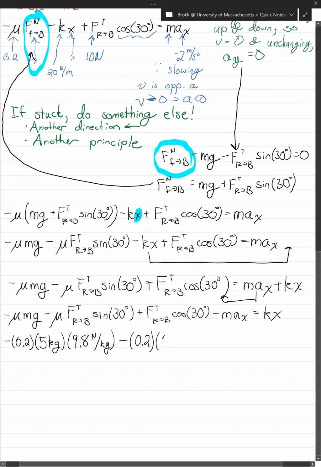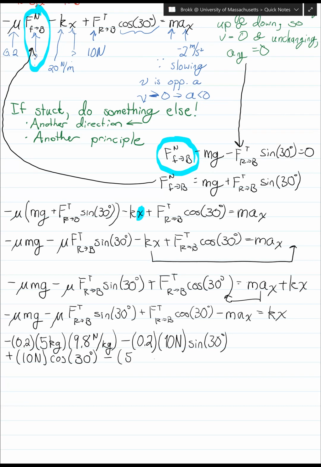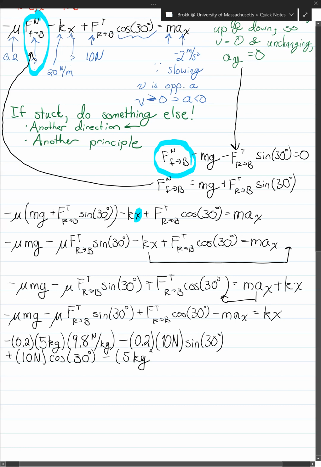The tension in the rope was given at 10 newtons. Sine of 30 is a number. Going to a second line because I'm running out of room. The tension in the rope is 10 newtons again. Cosine 30 degrees minus the 5 kilograms for the block.